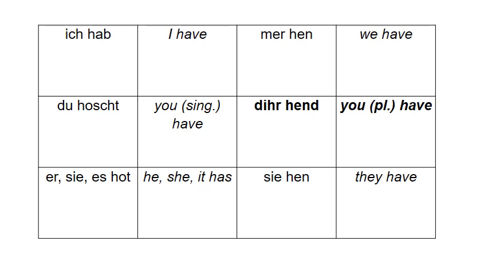Dia hent means you have. Dia means you plural. And the form of have that matches it is hent. Dia hent. Now this, in grammar terms, we call that you plural the second person plural. And it's the form that changes the most between different dialects in Pennsylvania Dutch.